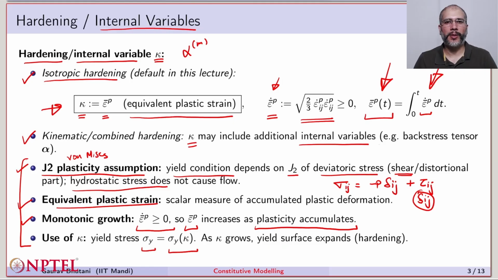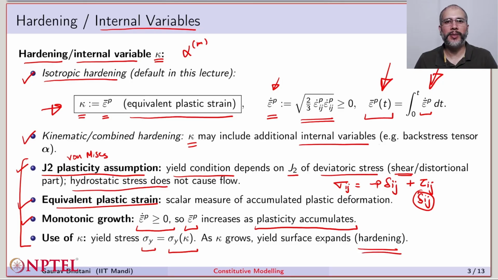Let's take an example of a ductile wire that you're trying to bend. If you apply some stress on a body to bend it, you will notice that as you keep bending the body over time, after a few cycles of plastic loading, the material starts to harden.